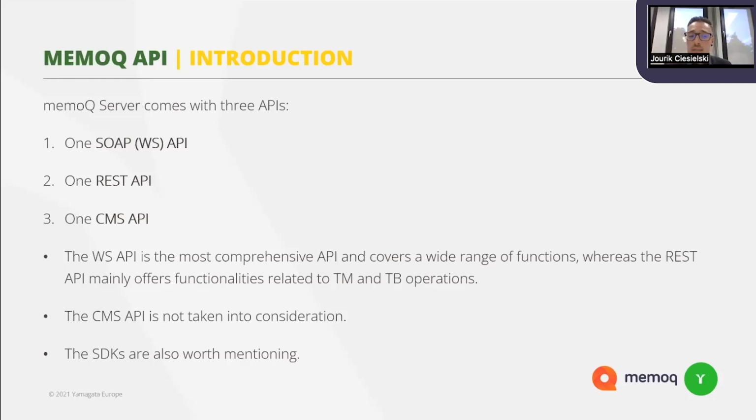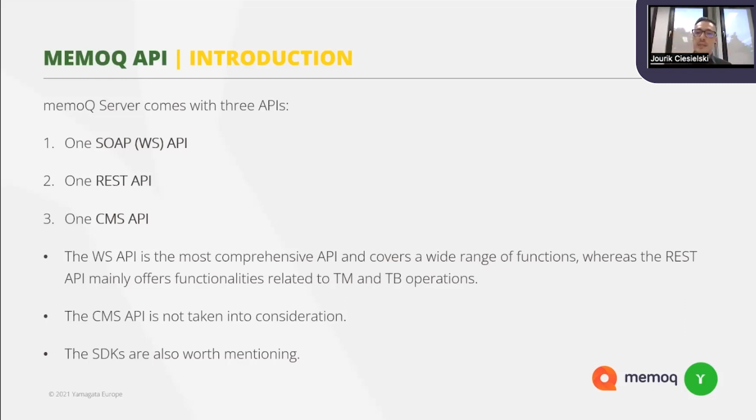And something else, apart from the APIs, memoQ also has a couple of SDKs, and I think they're pretty much worth mentioning in today's webinar as well. memoQ has, for example, a preview SDK, which allows you to build a custom in-context preview for one of your file formats. There's a machine translation SDK, which allows you to build your own machine translation plugin.